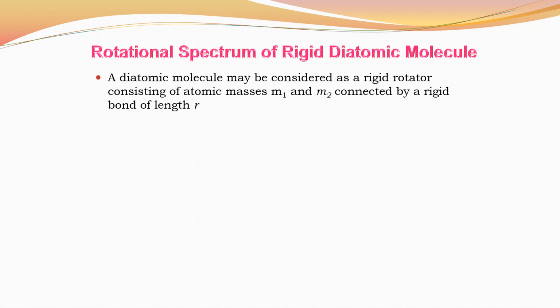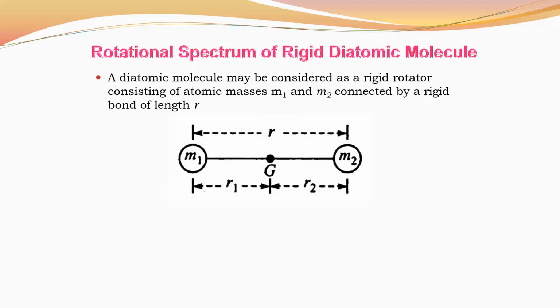Here we consider a diatomic molecule with two atoms having masses m1 and m2 and a bond length of small r. Look at the figure.